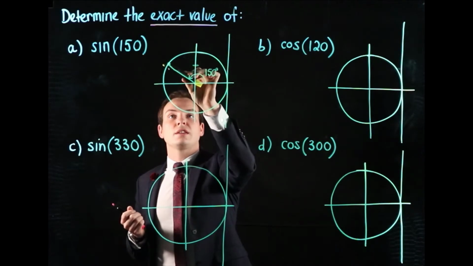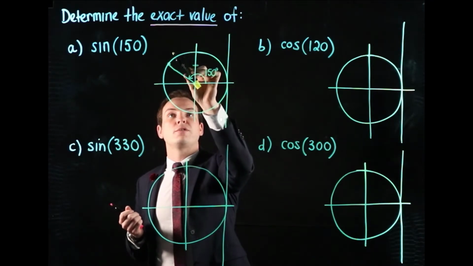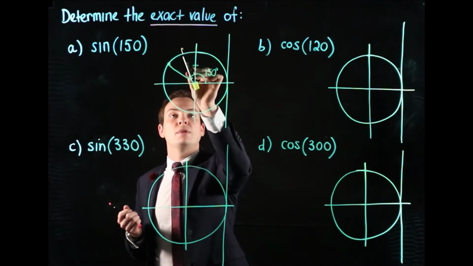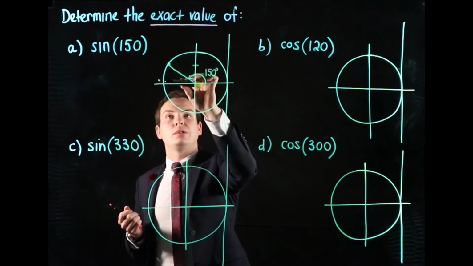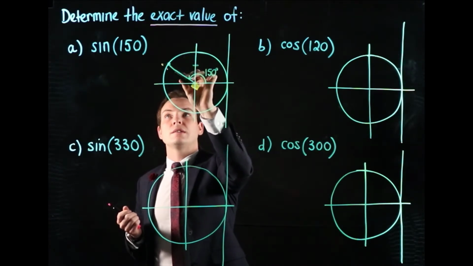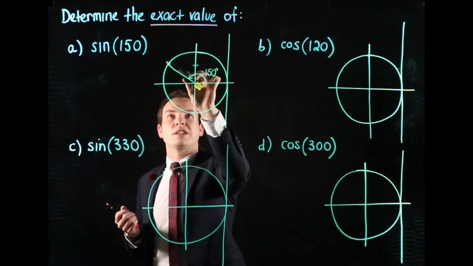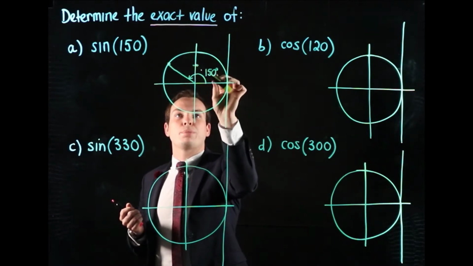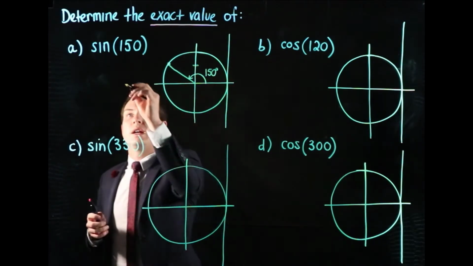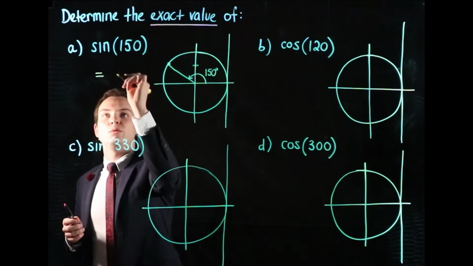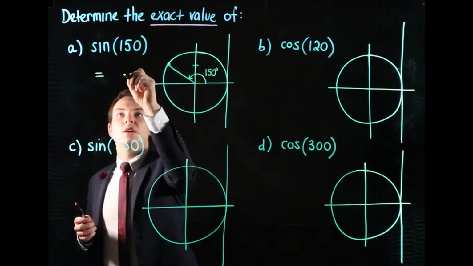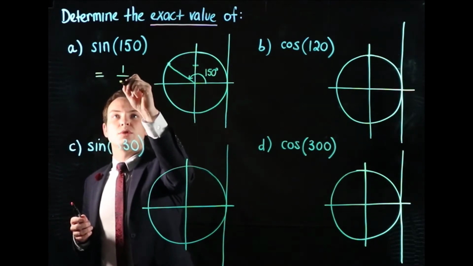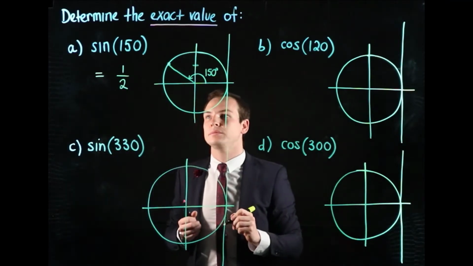It's going to be, this would be sort of the 30 degrees, 45 and 60 degrees back from 180. So we're the smallest angle back from 180 to be at 150. We're 30 degrees back, and that gives us a positive sine value. Its value is equal to root 1 on 2, and it's positive, so this is just equal to 1/2.